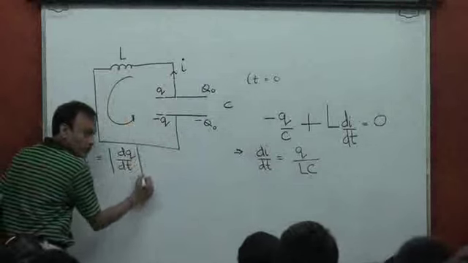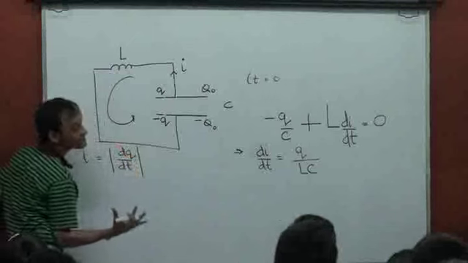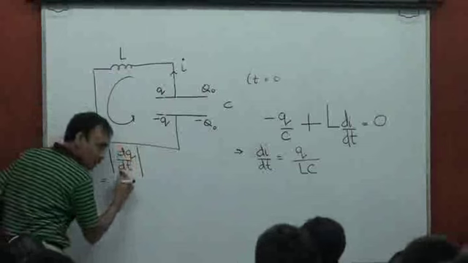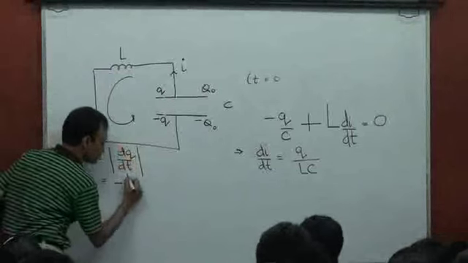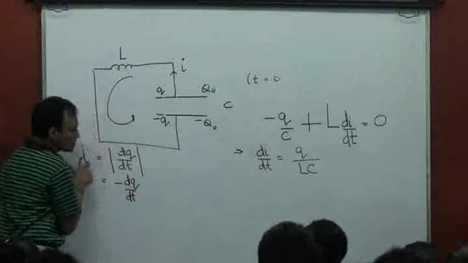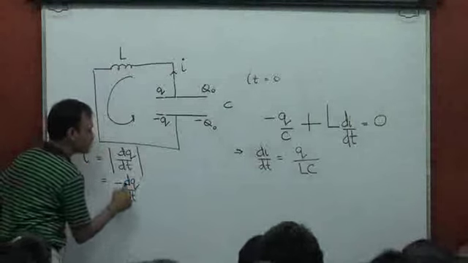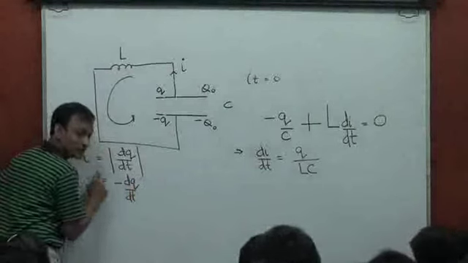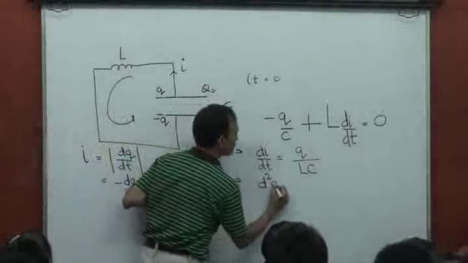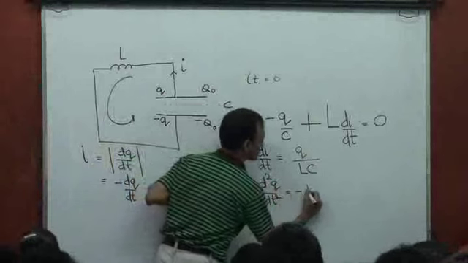If dq dt is negative, mod dq dt would be minus dq dt, because Q is decreasing with time. So di dt would be minus d2q dt2. Di dt you can write as minus of d2q dt2.